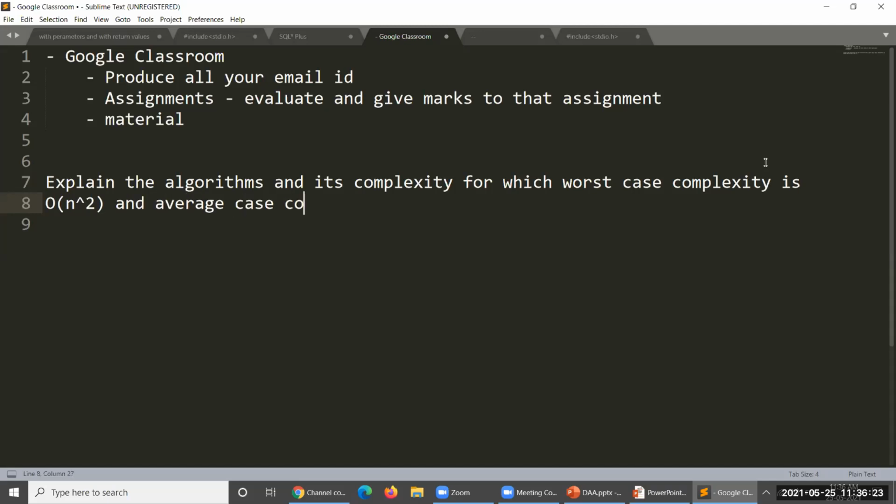If you are asked something like this, you have to answer with quicksort. Okay, please remember this question.